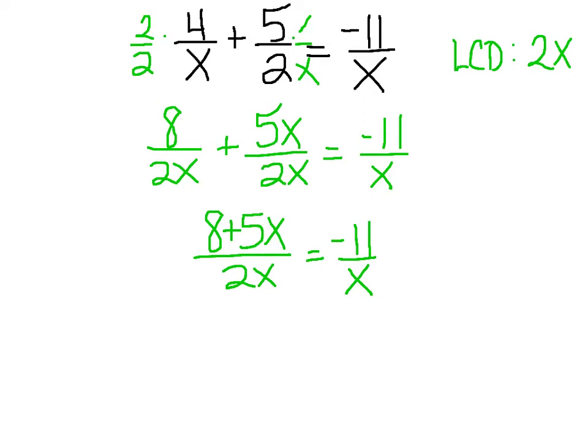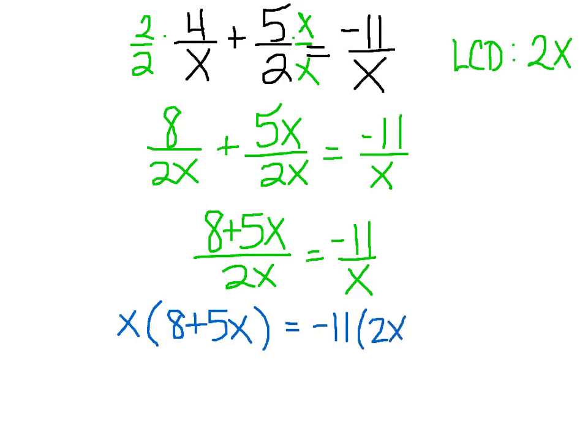Well, when we have two fractions set equal to each other, hopefully what you're thinking is I can cross multiply. I can take my numerator of one and multiply it with the denominator of another, and then set that equal to multiplying the other numerator by the other denominator. So we have x times 8 plus 5x equals negative 11 times 2x.